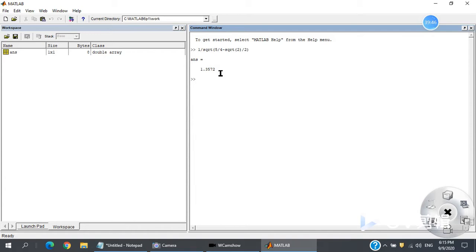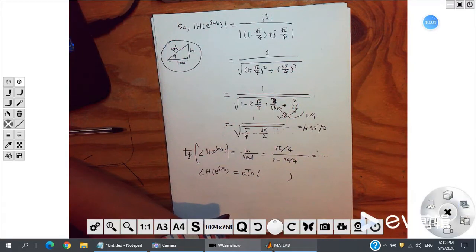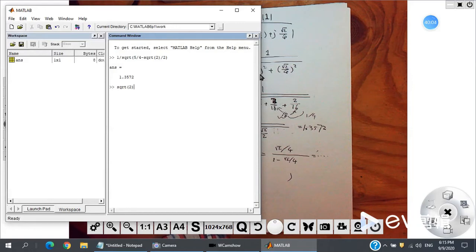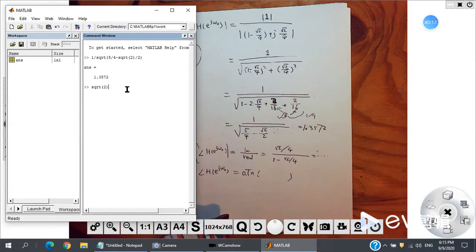And the tangent: square root of 2 over 4, divided by the denominator 1 minus square root of 2 over 4.